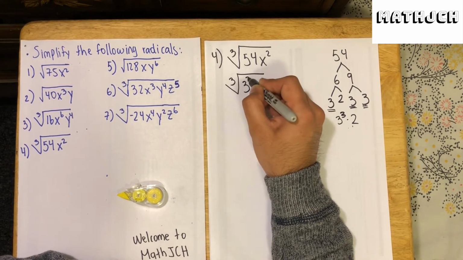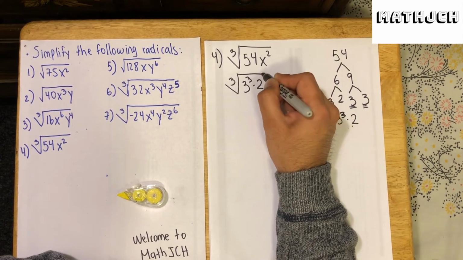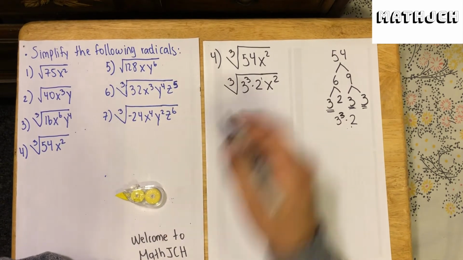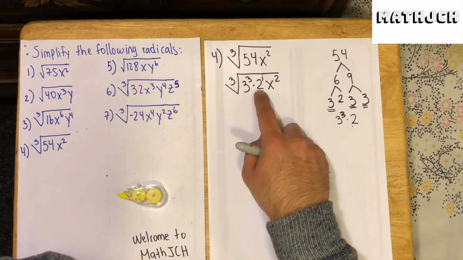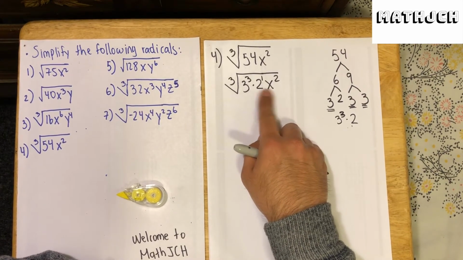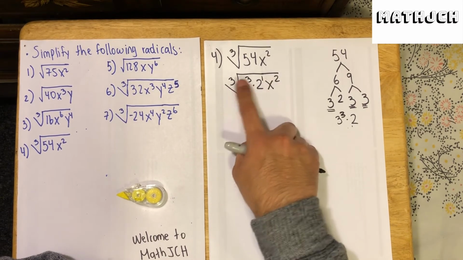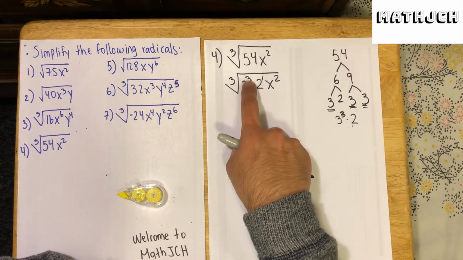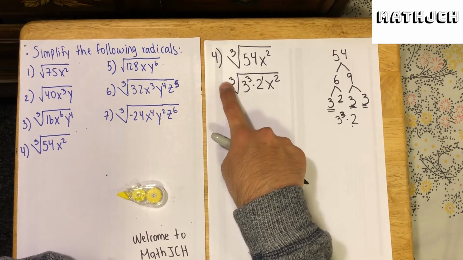So 3 power 3 times 2, and then don't forget the x squared. Again, notice that the power of 2 automatically is 1. So these two items right here, the 2 and the x squared, they cannot be simplified because each power is less than our index. But notice that the power of 3, which is 3, is the same as the index of the root, which is 3.